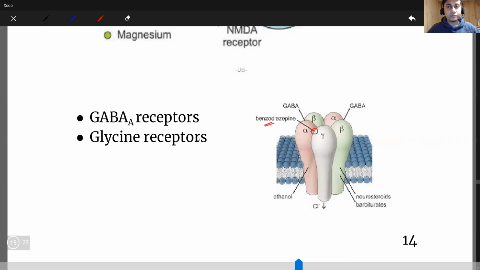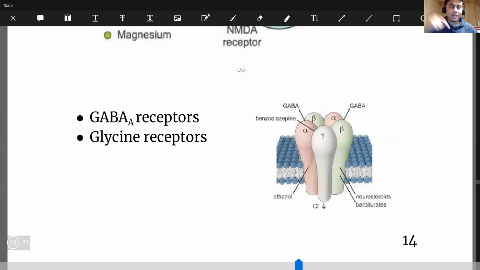Benzodiazepine increases the frequency of opening of the GABA channel, so it opens up this ion channel more frequently. And barbiturates do it by increasing the duration. That means they bind to this receptor and open this channel for a longer period. But in both cases, there is increased chloride influx.